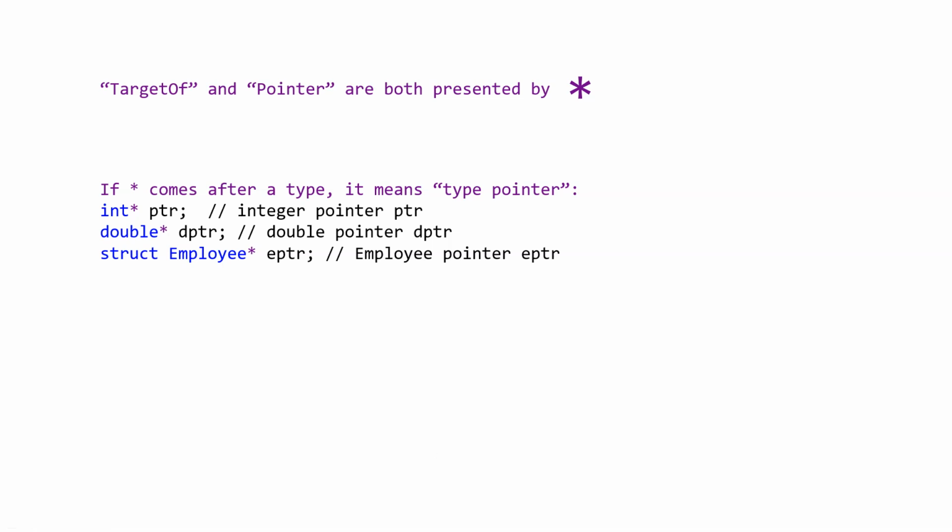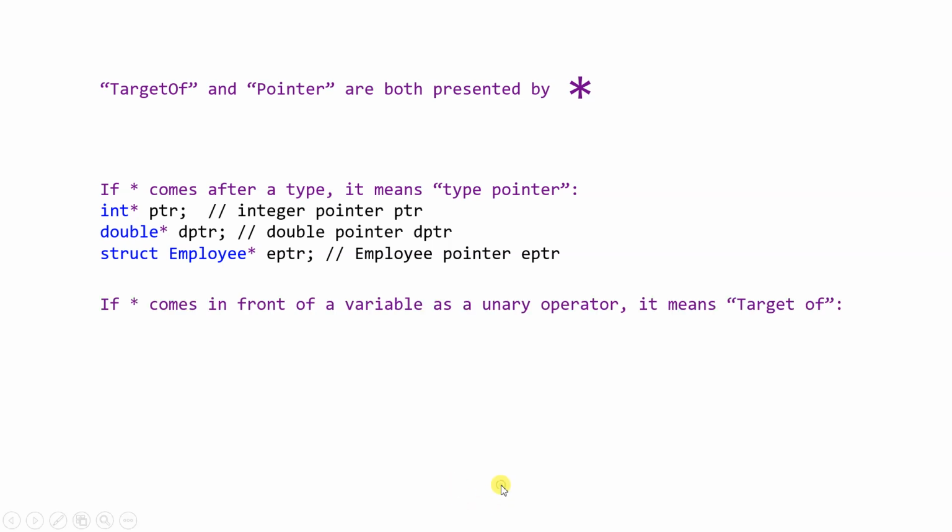Now, if you look at the asterisk and you say, what the heck is that? That means it's a unary thing and it means target of. So essentially, if it comes as a unary operator, like -5, not B, asterisk C, that asterisk means C is a pointer and you want to know what the target is. Therefore, if I say A is equal to target of P, that asterisk doesn't mean multiplication.